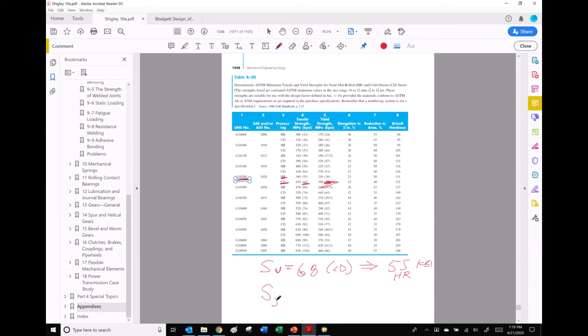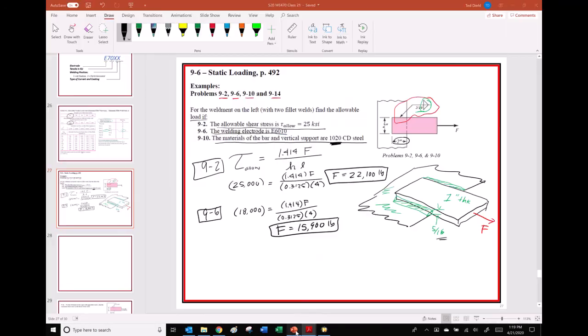Similarly, for the yield strength, it was, and I can't read it now, I think it was 57 in the cold drawn. And now it drops, it loses that work hardening and turns into 30. You get the idea.